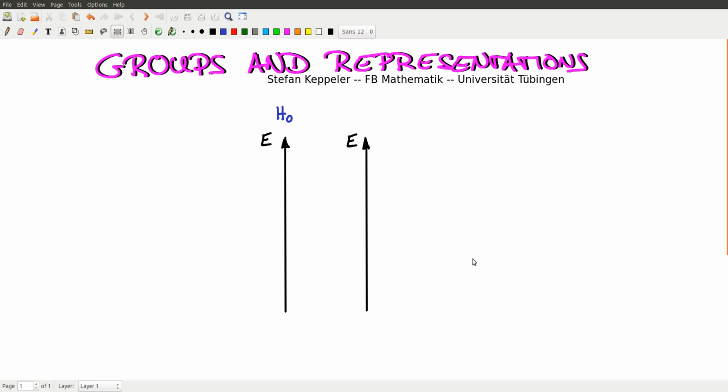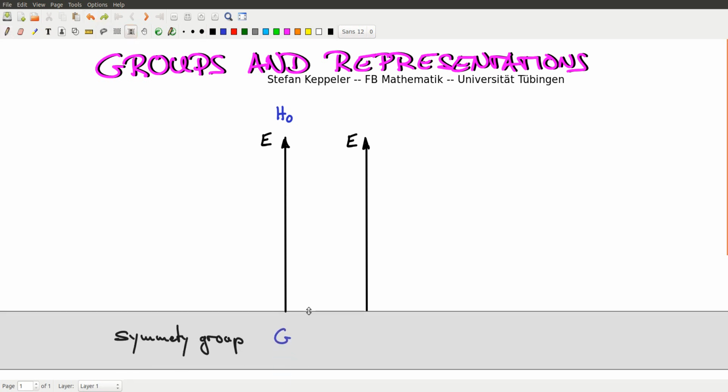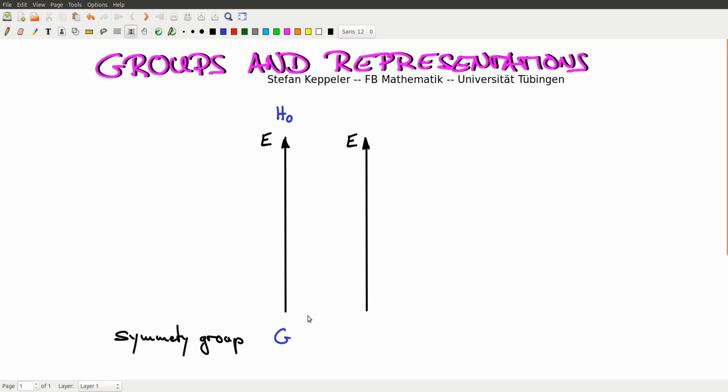In the previous section, we analyzed the spectrum of a Hamiltonian, let's call it H0 for the moment, in terms of its symmetry group. So let's say the symmetry group of this Hamiltonian is G, and then maybe this Hamiltonian has an eigenvalue here and an eigenvalue here, and possibly these eigenvalues are degenerate.